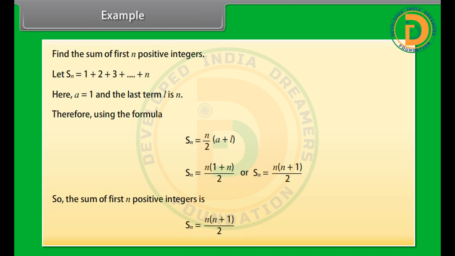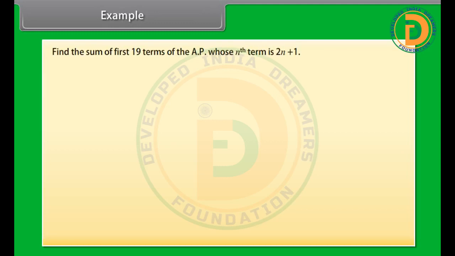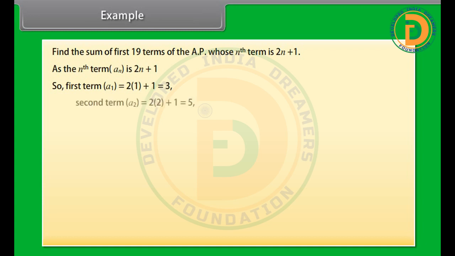Find the sum of first 19 terms of the AP whose nth term is 2n plus 1. As the nth term an is 2n plus 1, the first term a1 is equal to 2 into 1 plus 1, which is equal to 3. Second term a2 is equal to 2 into 2 plus 1, which is 5, and so on, and the 19th term is equal to 2 into 19 plus 1, which is equal to 39.